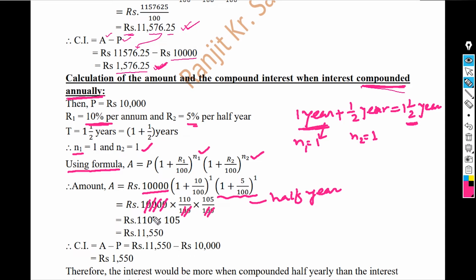Then remains there, that is 110 into 105. Just multiply it, you will get amount. It is amount for the second case, that is 11,550.